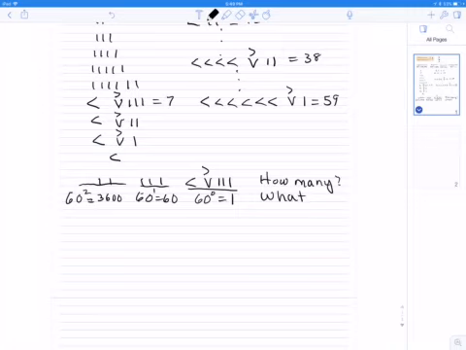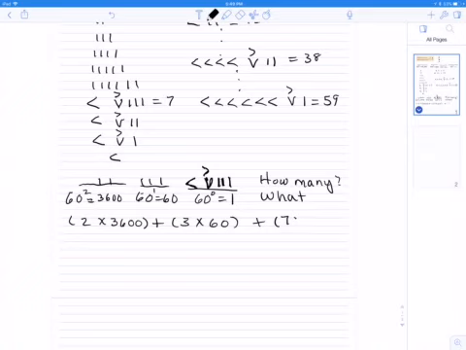So I need 2 of the 3600s, 3 of the 60s, and we have 10 minus 3. So it's 7 of the ones.